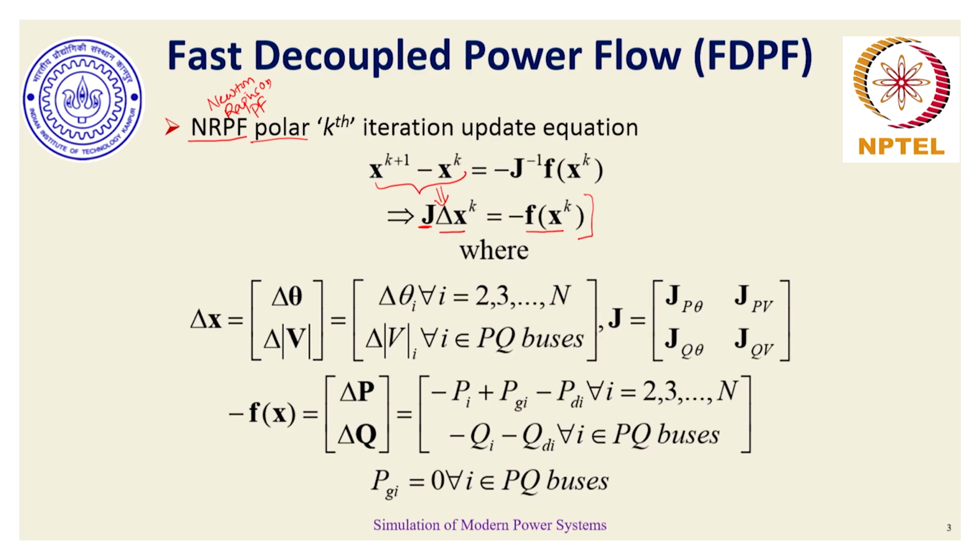In detail, if one has to understand what these vectors and matrices are, then for bus voltage phasors in polar coordinates, delta x is the change in voltage phase angles and voltage magnitudes, respectively for buses numbered from 2 to n, with voltage magnitudes being for PQ buses.